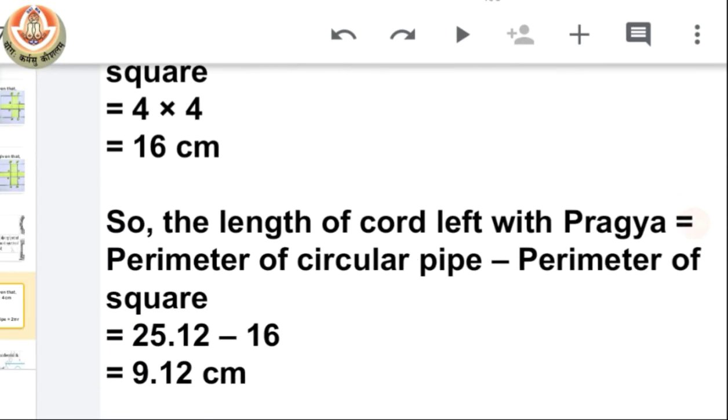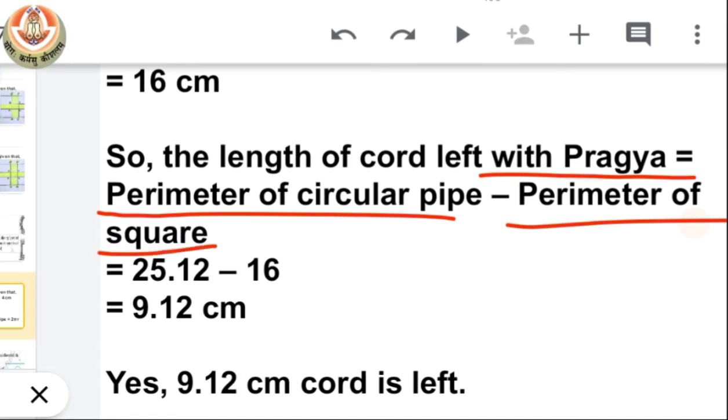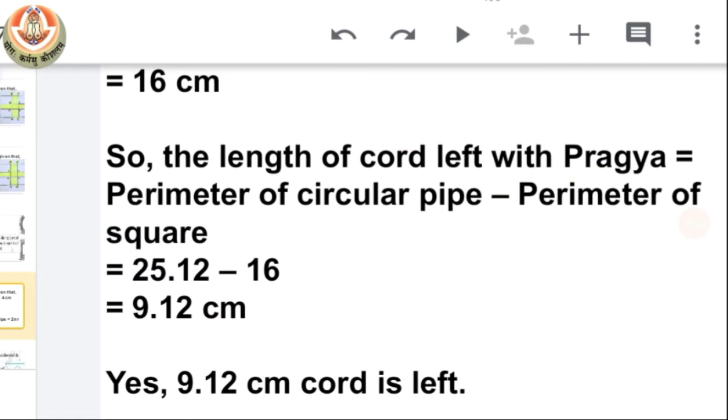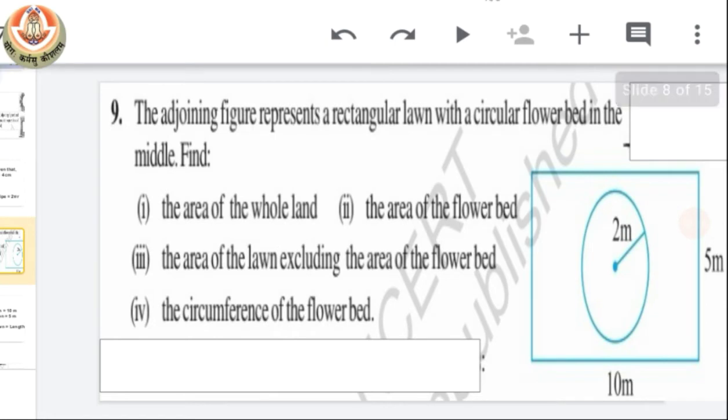So for the length of cord left with Pragya, we have to subtract the perimeter of the square from the perimeter of the circular pipe. So we have a length of 9.12 cm which is left over with Pragya. Okay, so it is a very simple and short question. Now let's move on to the next question.